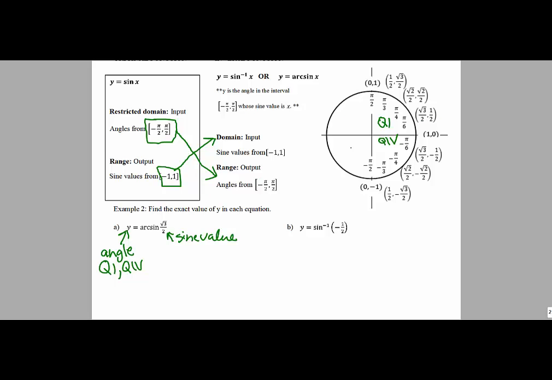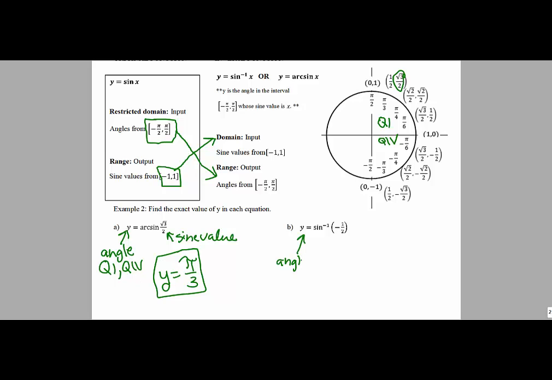So on our unit circle, I'm going to choose the point that has a y value of square root of 3 over 2, which will be here. I'm only looking in quadrant 1 or quadrant 4. The y values are positive in quadrant 1, so that angle would be pi over 3. So we could say that y is equal to pi over 3. That would come from quadrant 1.